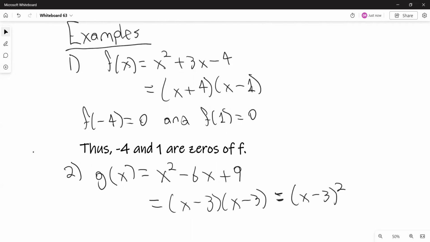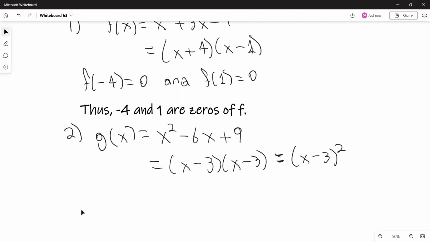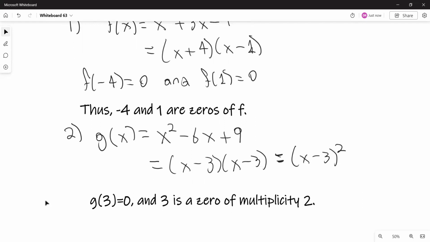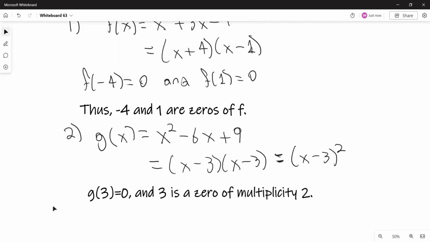So that's the polynomial in factor form. And you can see that g of 3 is 0, and 3 is a zero of multiplicity 2. You can also say that it's a double zero or a repeated zero. But it's a zero of multiplicity 2 because it appears twice.